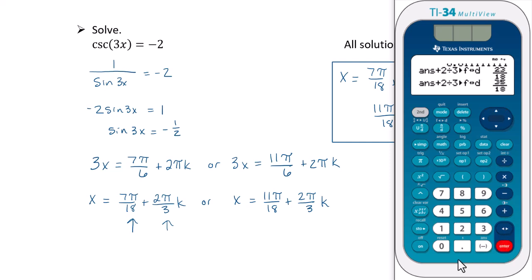Run it again. There's 35 pi over 18. And just to show you, if we use the formula one more time, it's definitely past the 2 pi boundary. So we've exhausted that formula. It's a really nice way to do it on the calculator to get those fractions of pi for your radian measures.